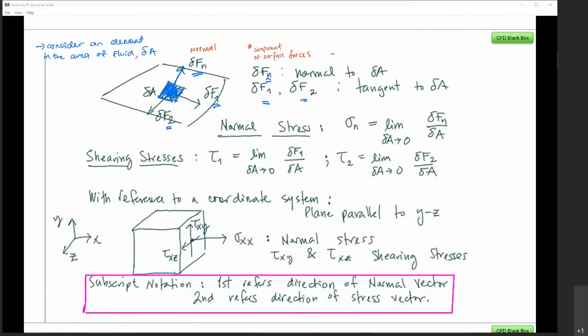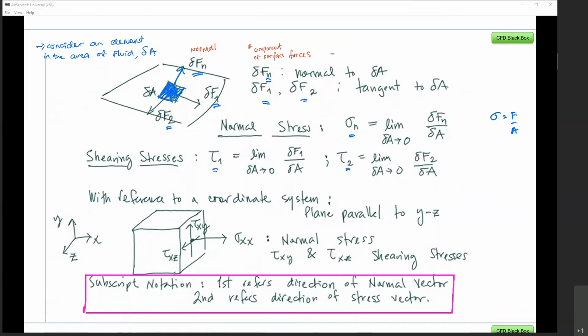For the normal stress, sigma n, if the limit of dA approaches 0, we can write it as dFn divided by dA. Remember, stress equals force divided by area, so now we are talking in terms of the differential area. For the shear stress tau 1, when the limit of dA approaches 0, meaning it is very small, we get dF1 divided by dA.